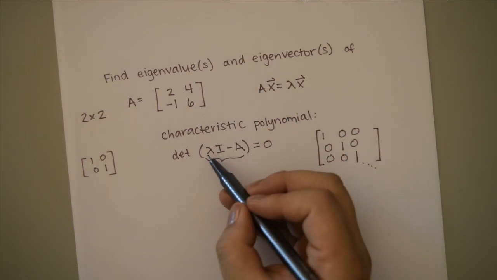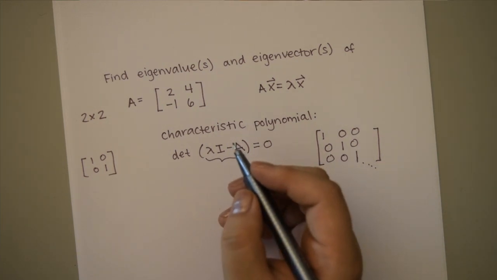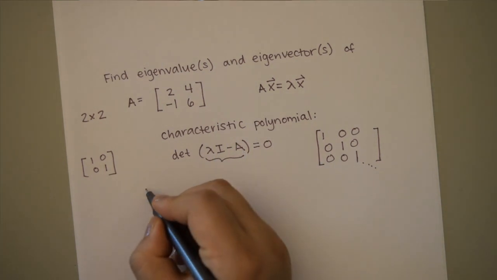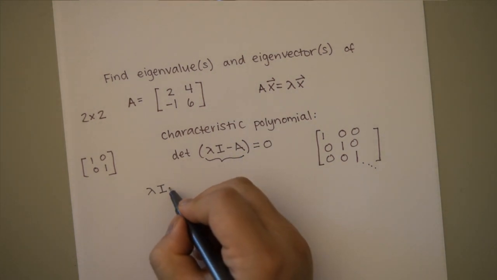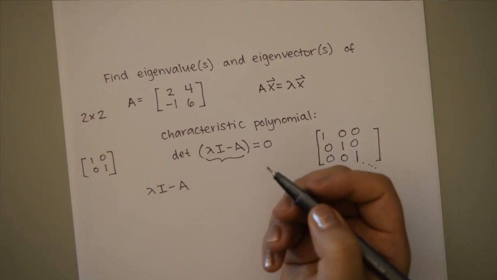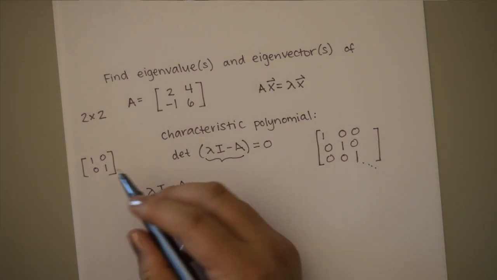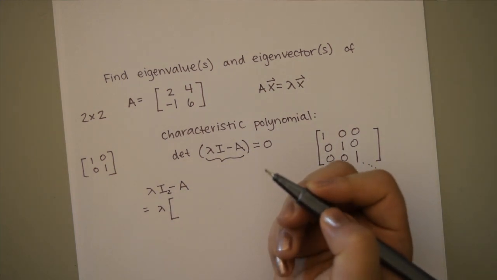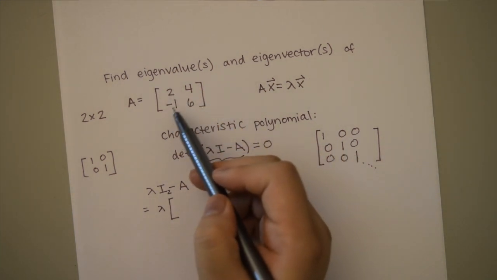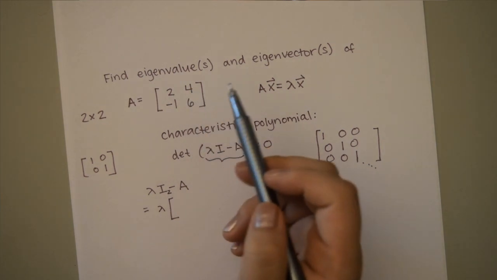So let's just do this in pieces. Lambda I minus A is going to be lambda times my identity matrix for 2. So in this case, we're going to do I2 because A is two rows and 2 columns.